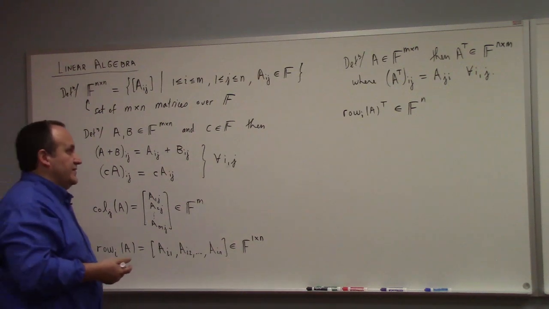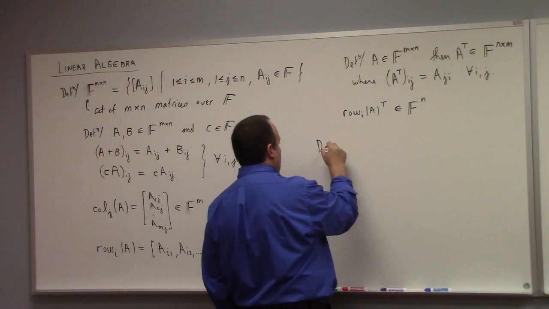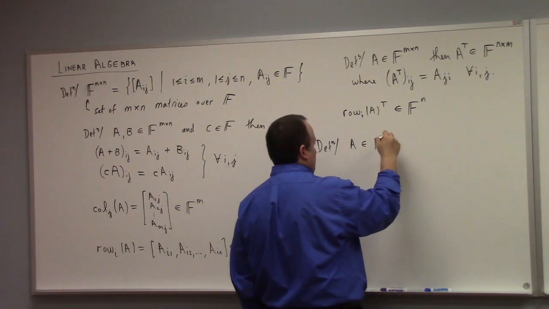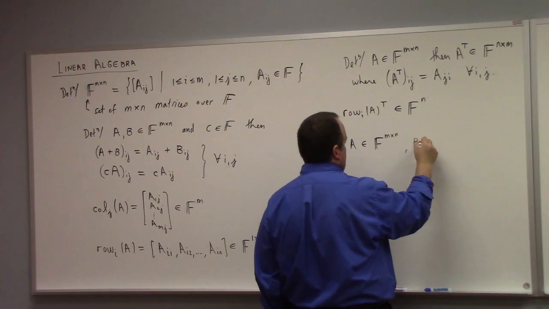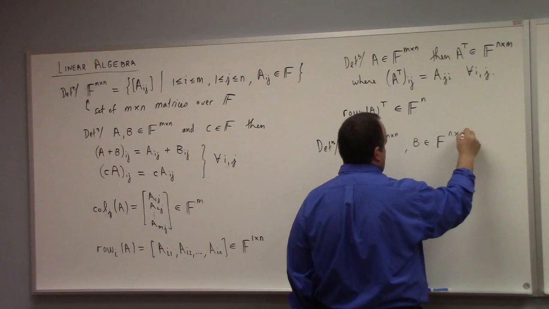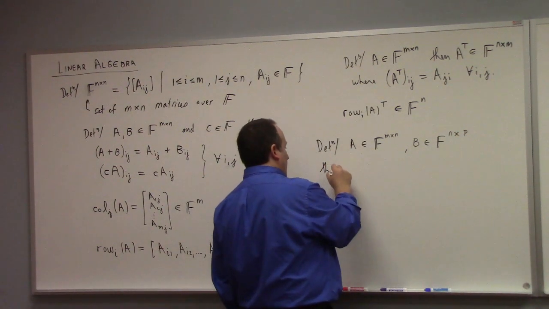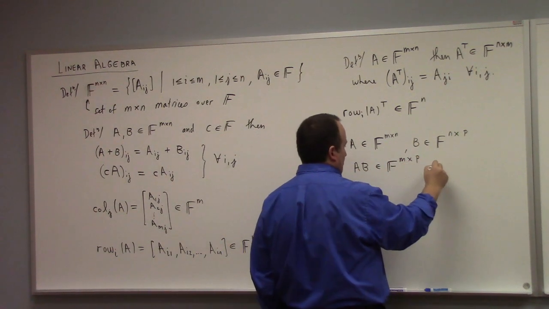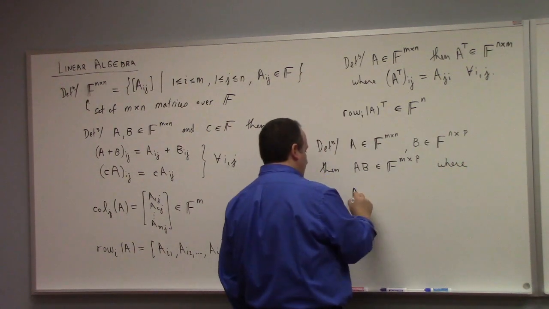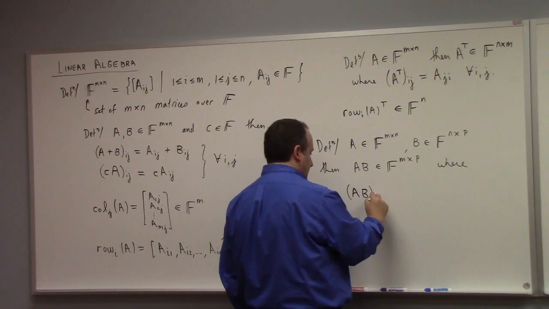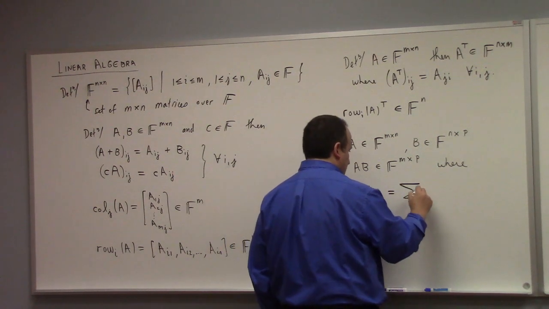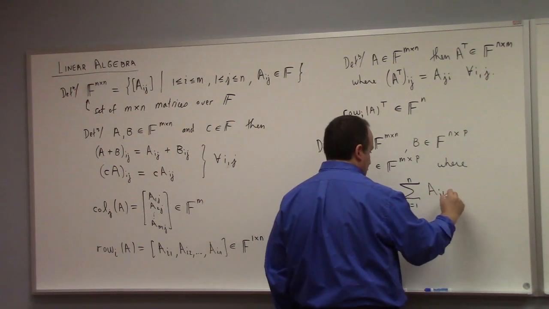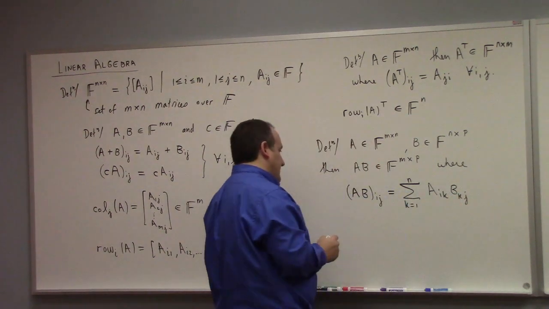So let's do that. Definition: if A is an element of F^(m by n), and B is an element of F^(n by p), then AB is an element of F^(m by p), where (AB)_ij is equal to the sum from k equals 1 to n of a_ik b_kj.